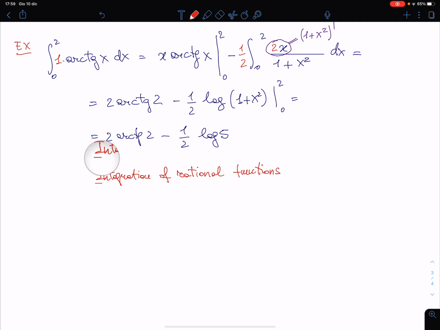Since 1 plus x squared is always larger than 0, this is log without absolute value, the ordinary brackets are enough, for n equal to 1. And this is minus 1 divided by 2 times n minus 1, times 1 plus x squared to the power n minus 1, for n larger than 1.